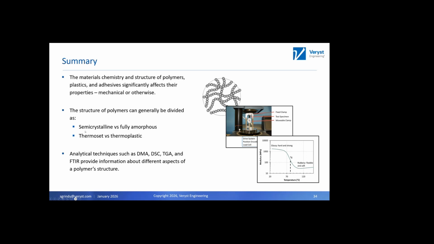We talked about semicrystalline and amorphous polymers, thermosets and thermoplastics, and understanding whether the material you're working with is crystalline, semicrystalline, or amorphous, thermoset or thermoplastic, really influences how you should think about using that material, applying that material, and how you expect it to behave under loading conditions or elevated temperature, things like that.